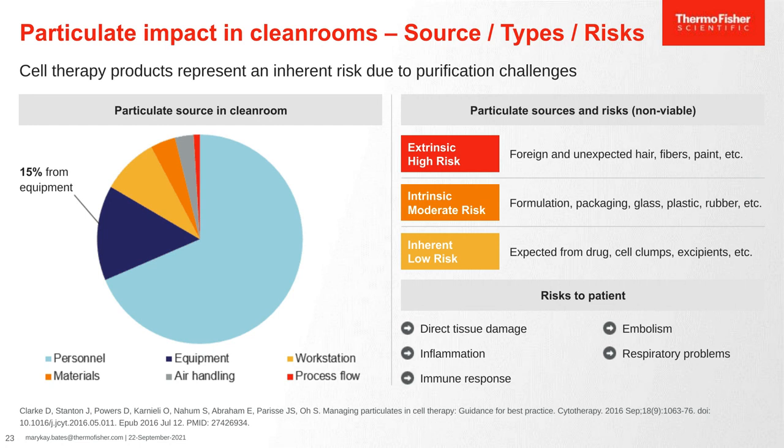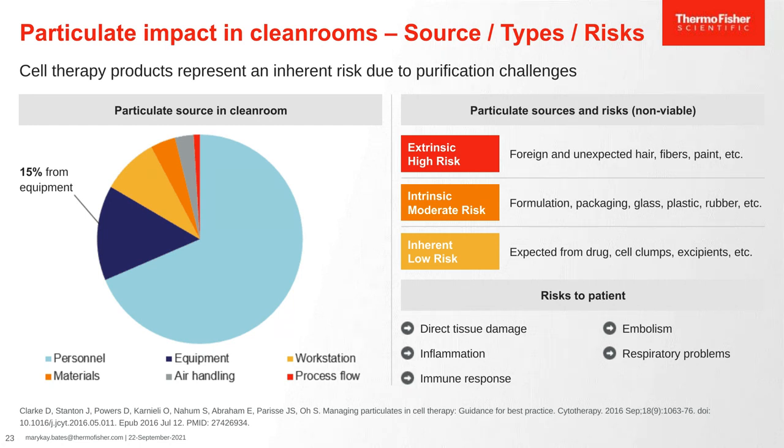These would include microscopic particles from packaging, from glass, plastic, rubber, stainless steel, hair, paint, and so on. Those represent a high or a moderate risk to the cell therapy. A lower risk non-viable particulate could be cell debris, or leftover materials from reagents in the growth media, for example.